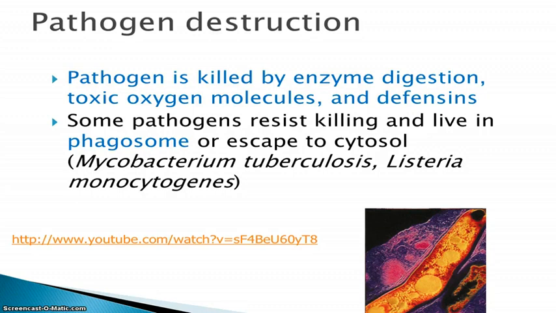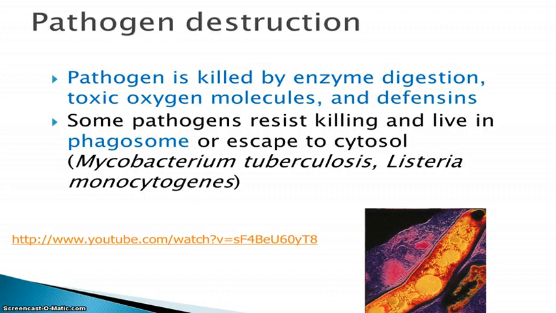So that's pretty impressive, but now we're talking about the epic battle of evolution, right? And how we've evolved to have our cells attack pathogen, engulf them, and destroy them. Meanwhile, organisms are not sitting idly by.